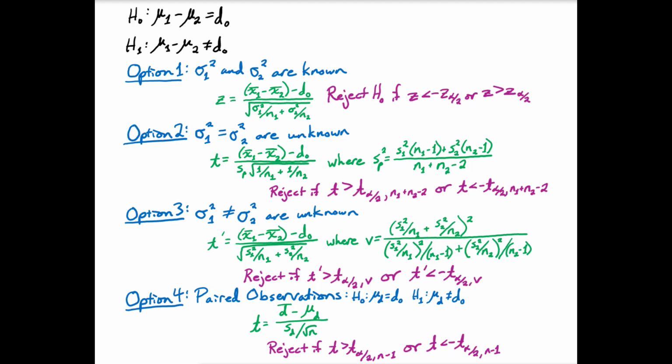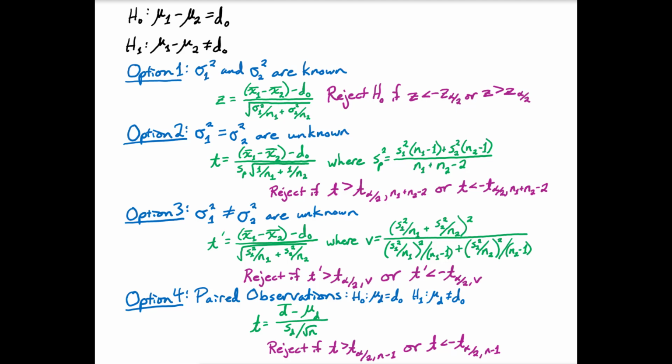And we're going to reject our null hypothesis if our z value is less than negative z sub alpha divided by 2, or if it's greater than z sub alpha divided by 2. So again, this should feel a lot like confidence interval work, where if we have a value outside of our confidence interval for our computed z, then we are going to choose to reject.